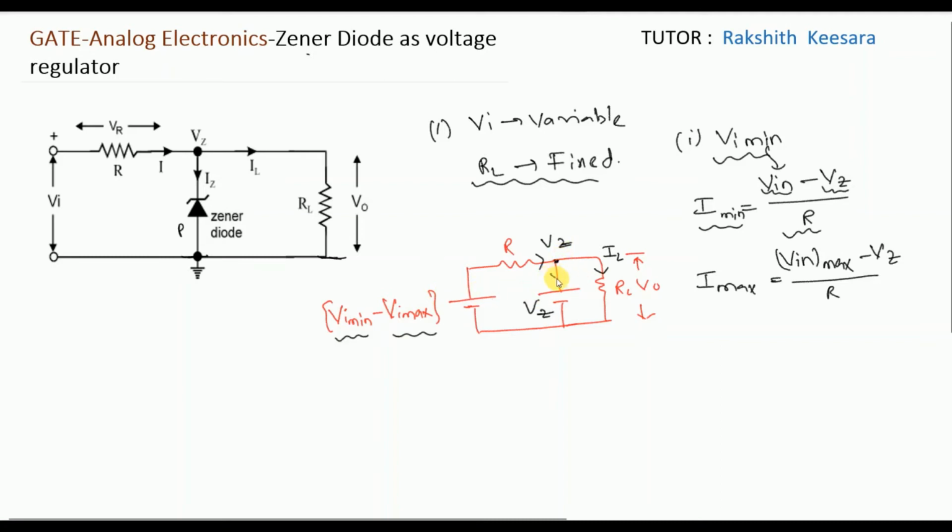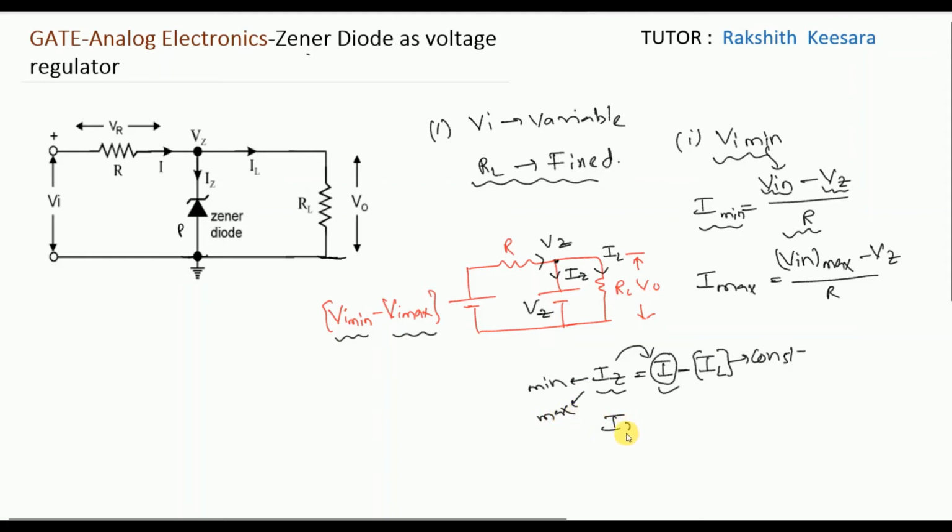Now we will analyze the Zener current Iz. Since Iz equal to I minus IL, and IL is a constant value, Iz completely depends upon the input current. If input current is minimum, Iz will be minimum. If input current is maximum, Iz will be maximum.